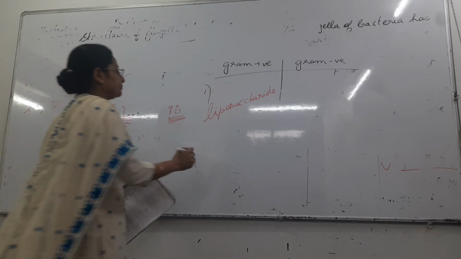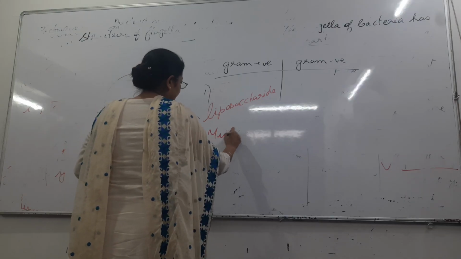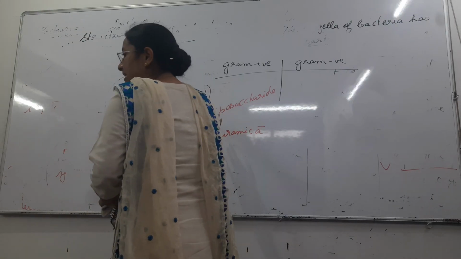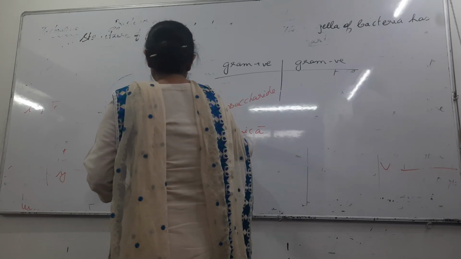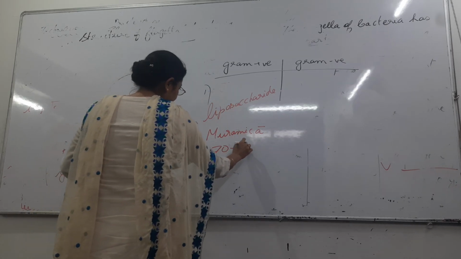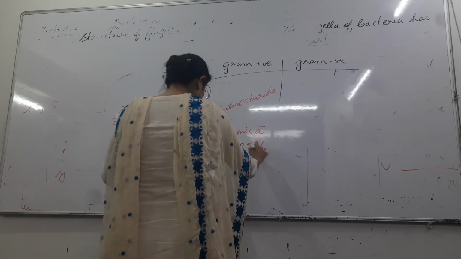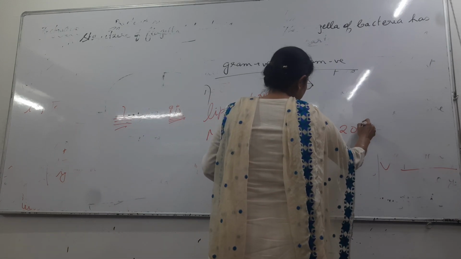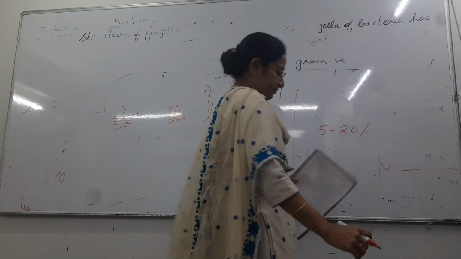Next point, muramic acid boli eta acid ase, muramic acid that makes up peptidoglycan. Thik ase, positive or likha muramic acid 70 to 95%, yat likhiba 5 to 20%.